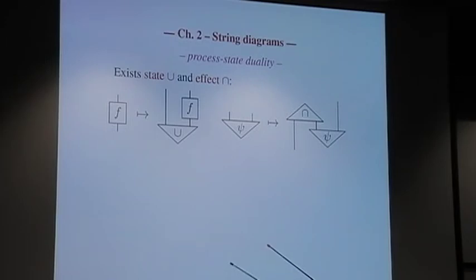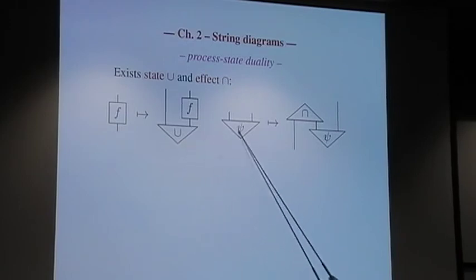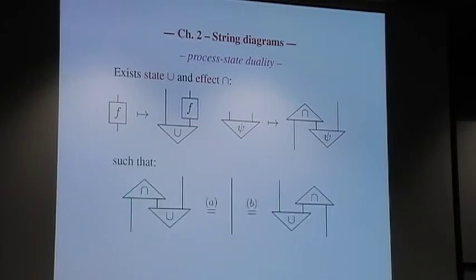Now, in order for this to be proper encoding, these two maps should be each other's inverses. You want these maps to be each other's inverse so that you can go from a process to a two-system state, and then from a two-system state back to the original process. And it turns out, to achieve this, you need these two equations.